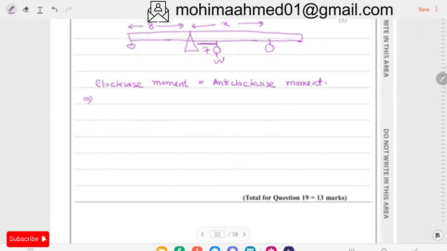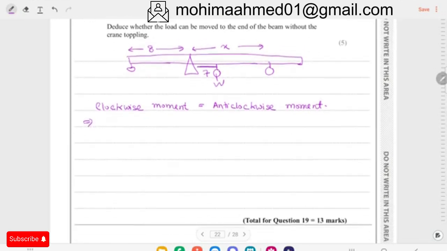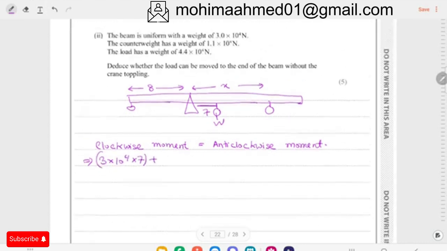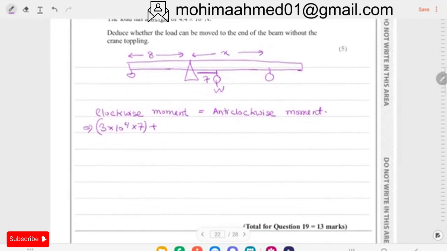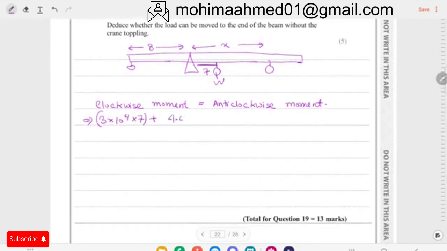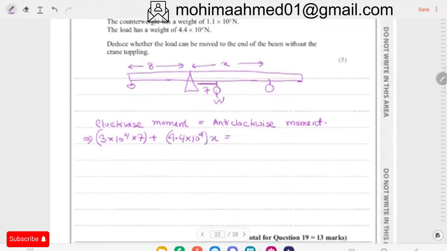For the clockwise moment, you have weight multiplied with 7. The weight of the beam was 3 into 10 to the power 4, multiplied with 7, added to the weight of the load, 4.4 into 10 to the power 4, multiplied with x, is equal to the weight of the counterweight, 1.1 multiplied with 10 to the power 5, again multiplied with 8.